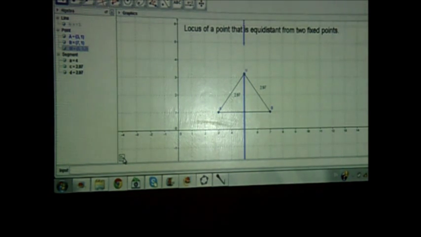And in this case also, the distance from M to A is equal to the distance from M to B. So whenever M varies on this straight line, the distance from M to A is equal to the distance from M to B. So this is a line where M varies.